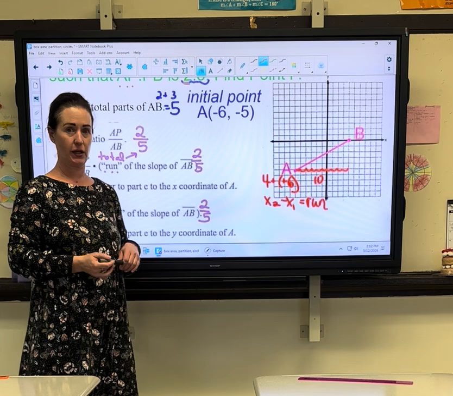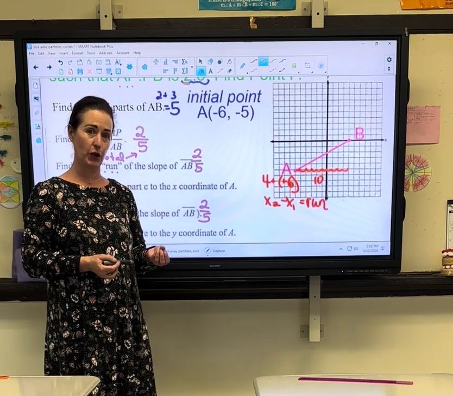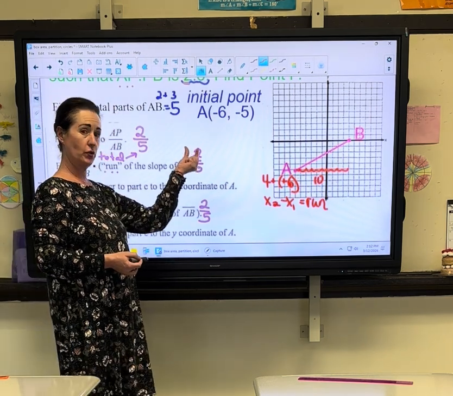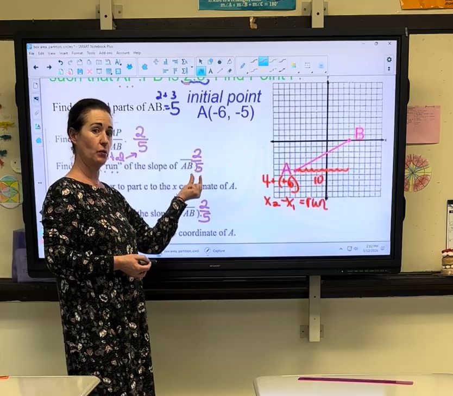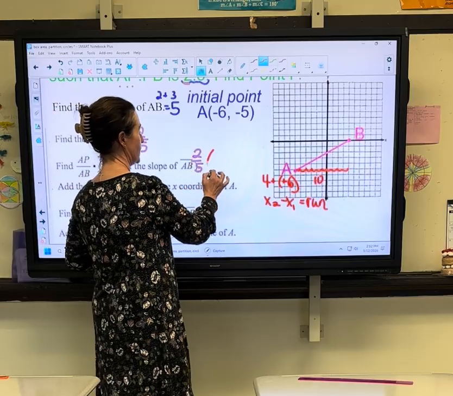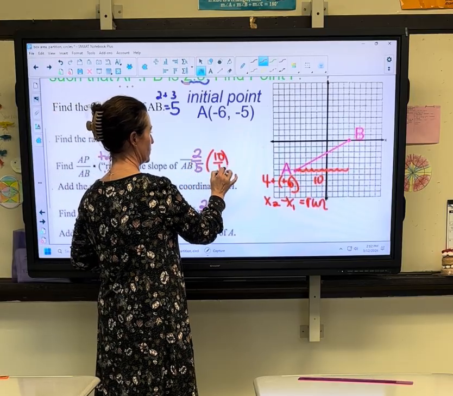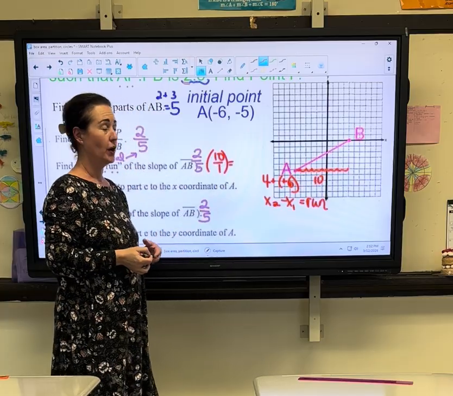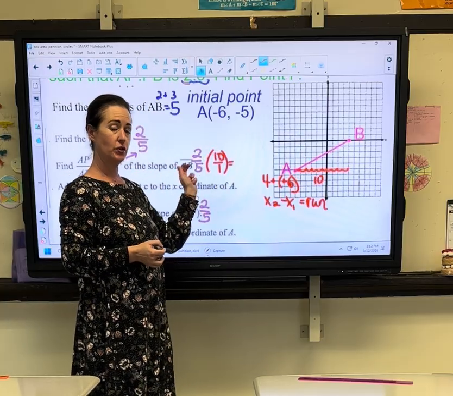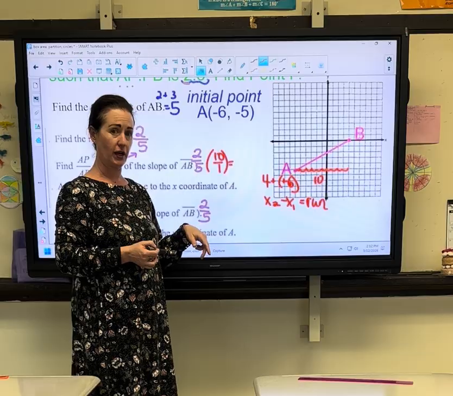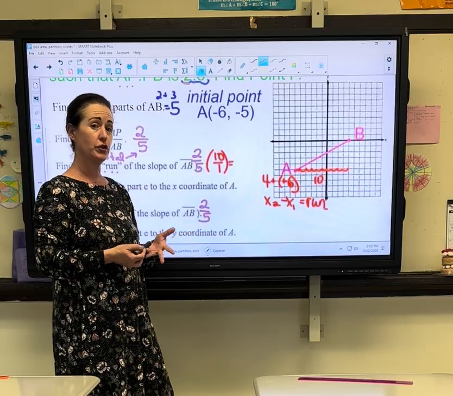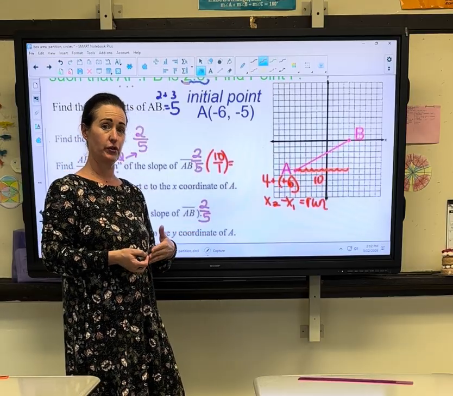So I'm going to take that 10 value and multiply it by the fraction of the ratio that I'm working with. It may be easier to put the 10 over 1 so you don't make a fraction mistake. You multiply across and across the denominator and then simplify. Your other option is to reduce your fraction first, so you're dealing with smaller numbers.